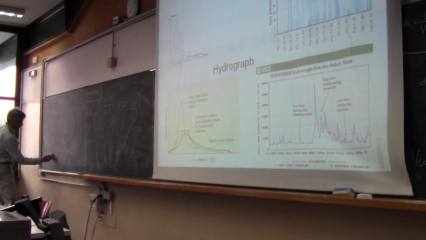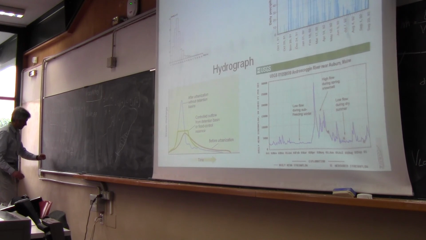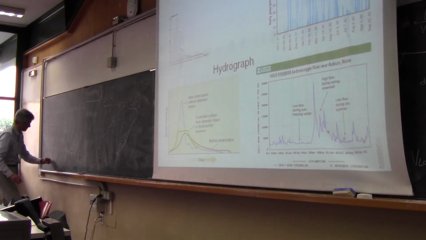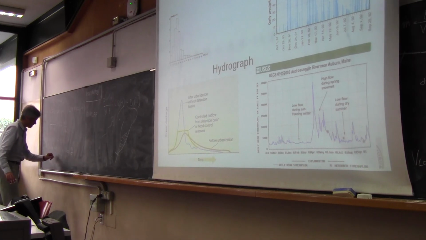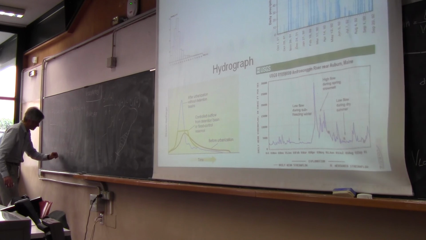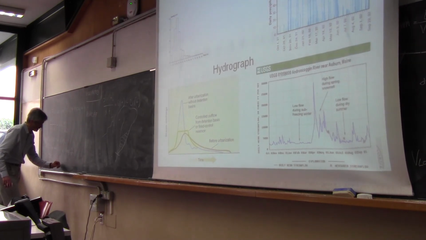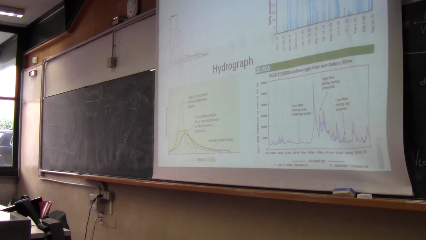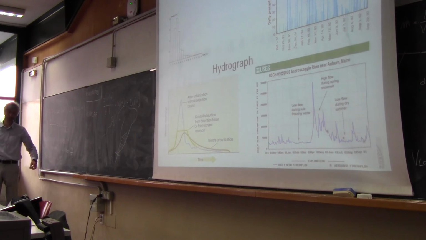I should divide 800 divided by 1,200, which is about 2/3, so about 0.67 cubic meters per second per square kilometer. You see the difference, 0.2, 0.7.